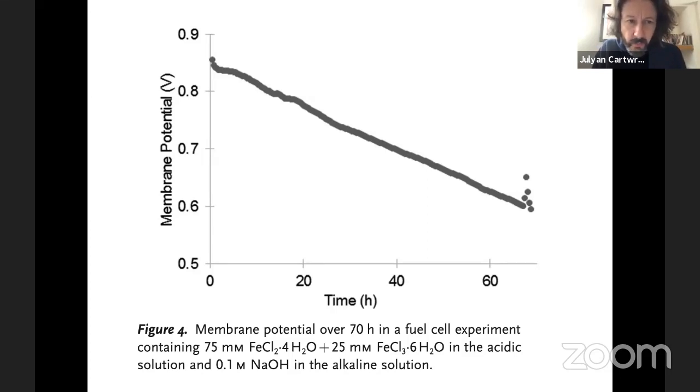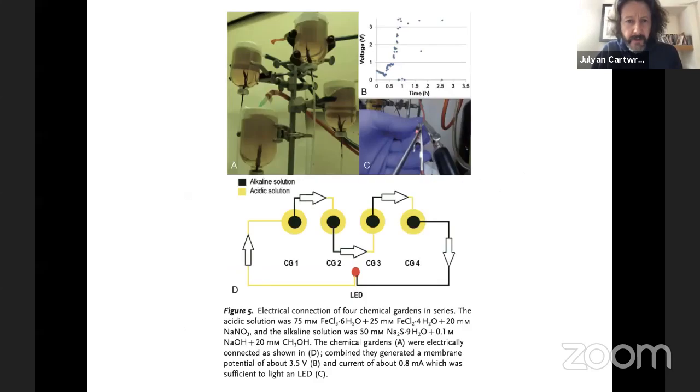So you get 0.8 volts across the membrane for a period of over 60 hours in this experiment, which is a very significant result in terms of how much energy there is available in these systems. And you can play by lighting up an LED, by the way.